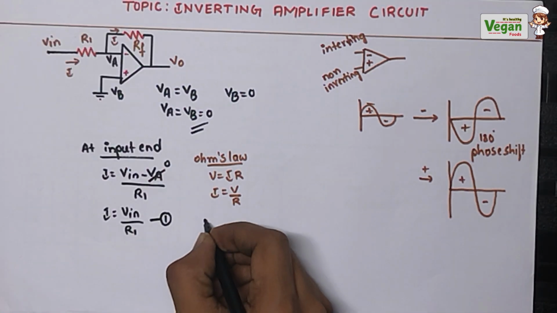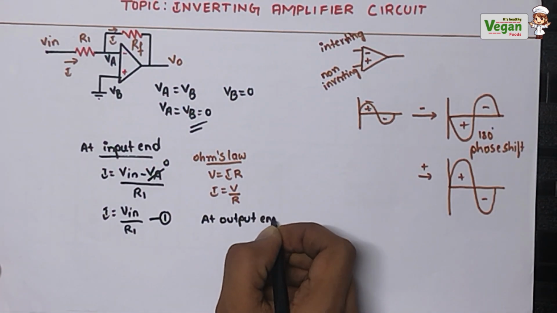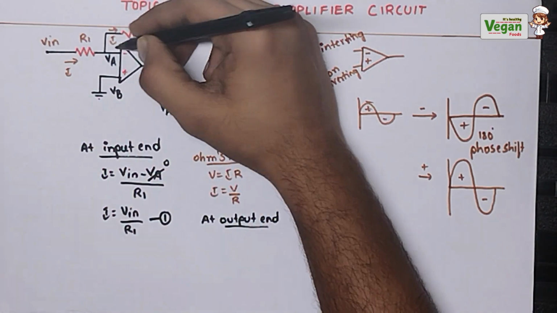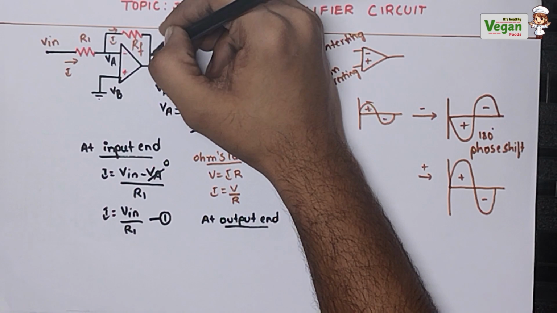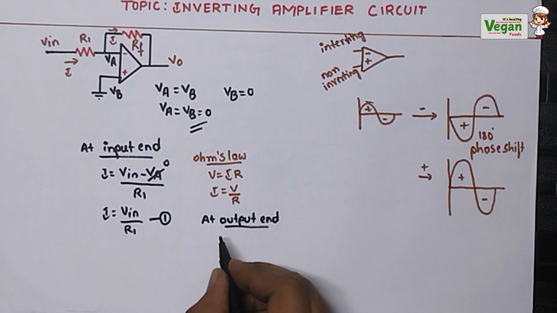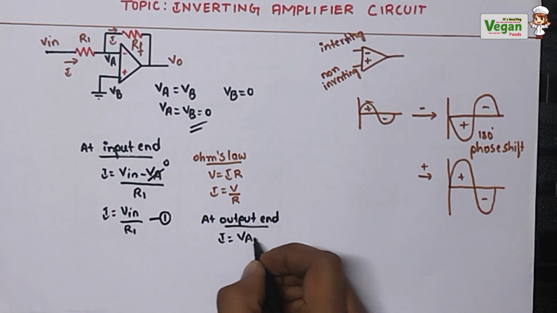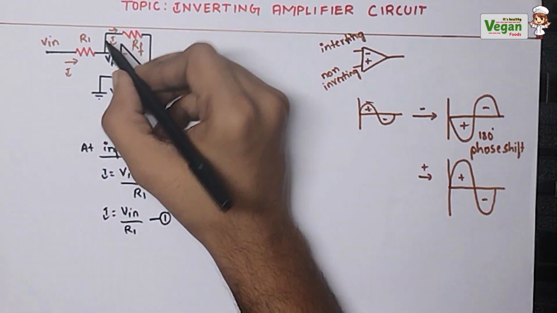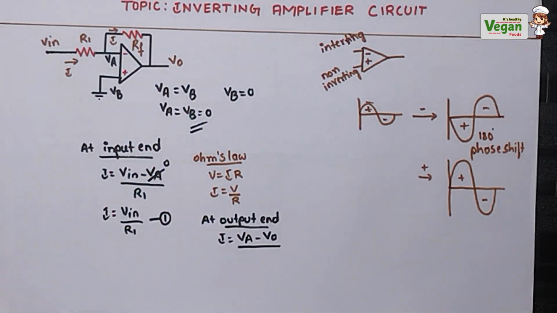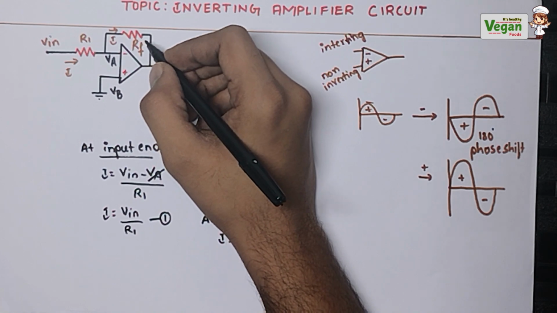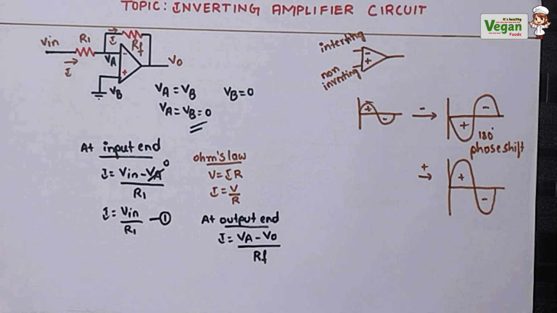At the output end, it will include the feedback circuit, that is from VA, the negative terminal voltage, to the output voltage V0. The same current is flowing. I is equal to VA minus V out, that is V0, because from VA it is going to V out, divided by the resistance between VA and V0, that is the feedback resistance RF.